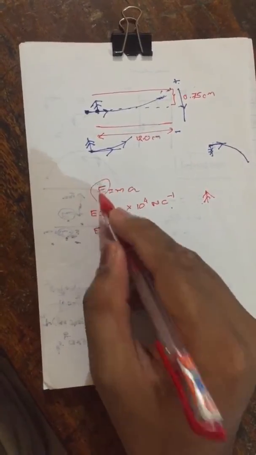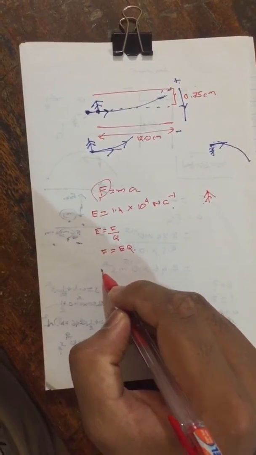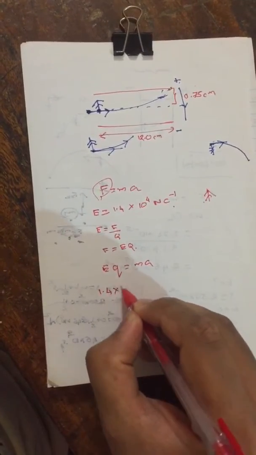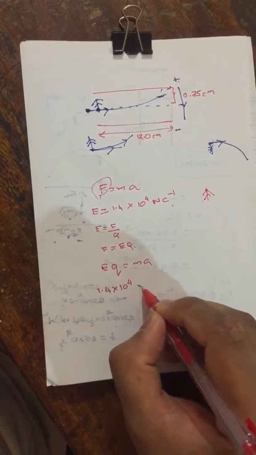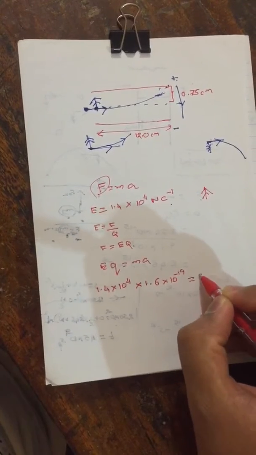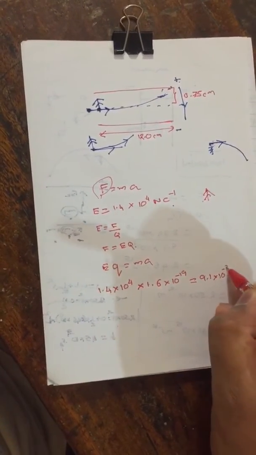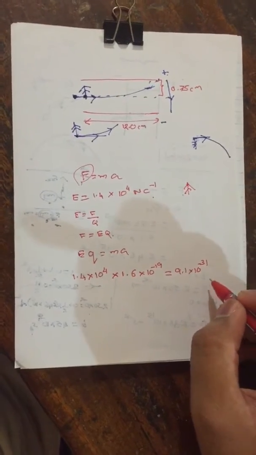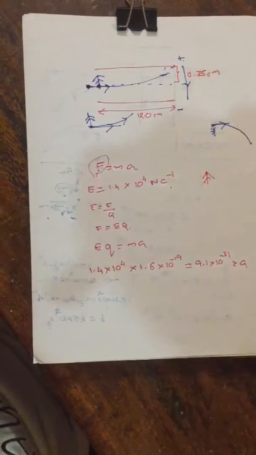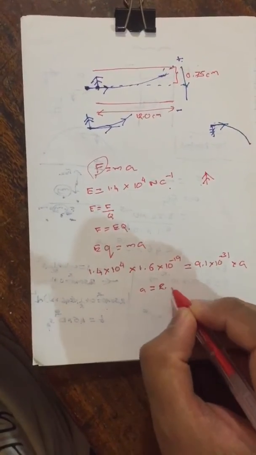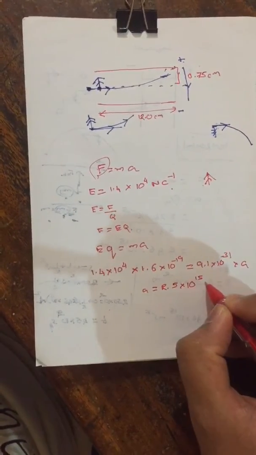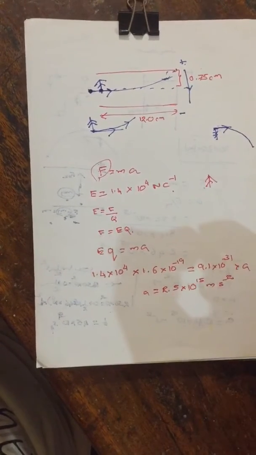If you use this in F is equal to ma, EQ is equal to ma. So 1.4 times 10 to the power 4, that is the electric field strength, times the charge of an electron is equal to the mass of an electron times a. The charge and mass, you can refer to the data sheet in the exam paper. This will give you an acceleration value of 2.5 times 10 to the power 15 meters per second squared.